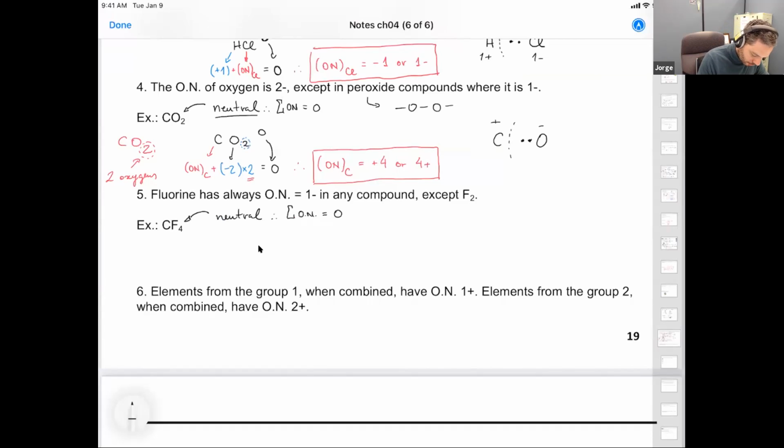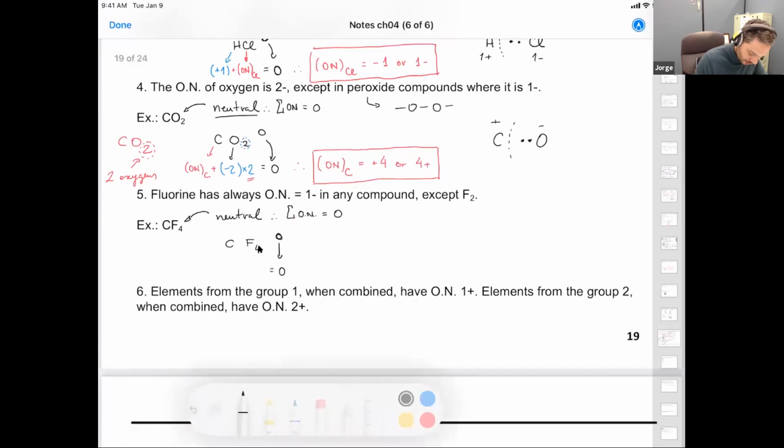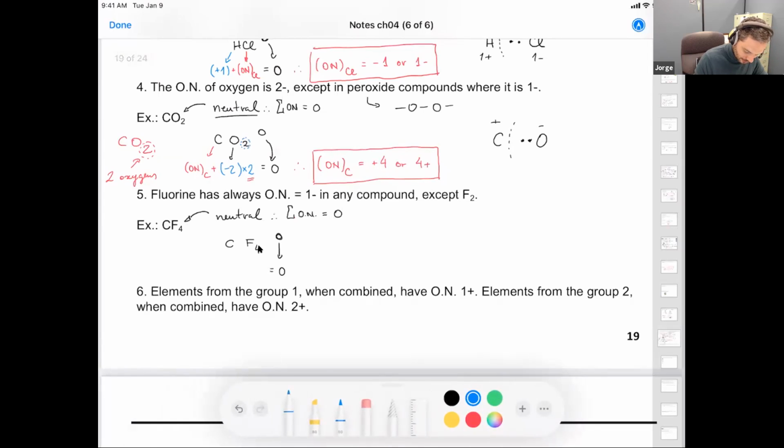So let me do the same thing I did before. Let's write the compound. Let's write 0 here just to make things easier. So the compound is neutral, therefore the sum of the oxidation numbers is 0.